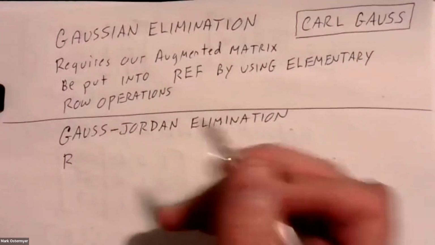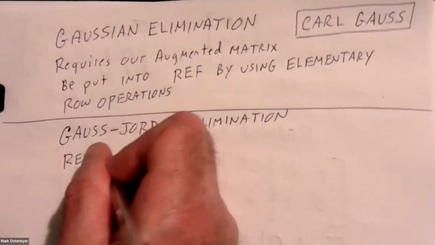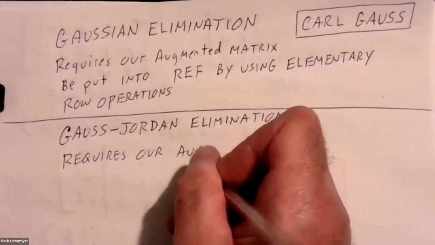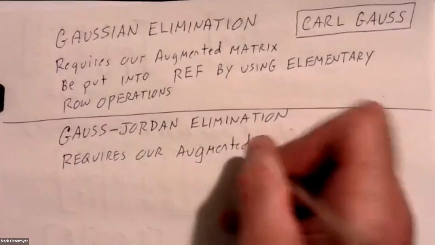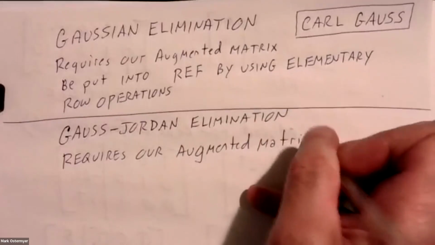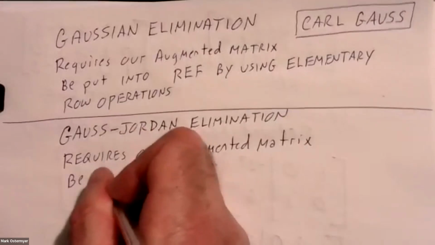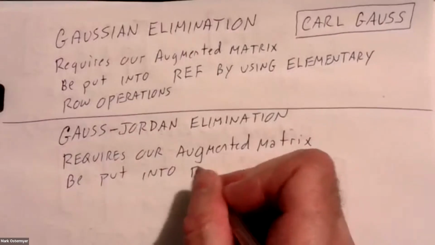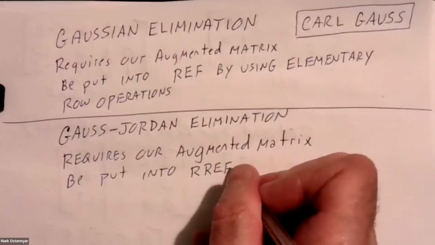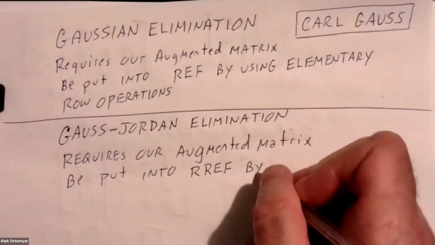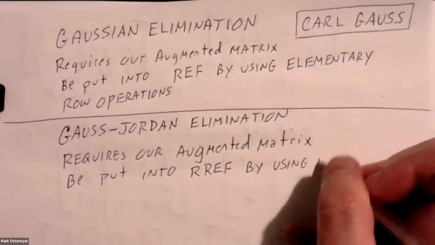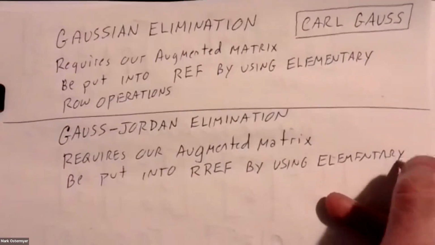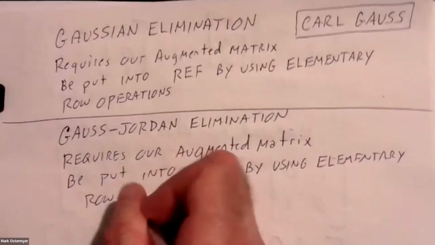Gauss-Jordan elimination requires our augmented matrix, which represents our system of equations, to be put into not just row echelon form, but reduced row echelon form, by using elementary row operations to accomplish that. Okay. Row operations.